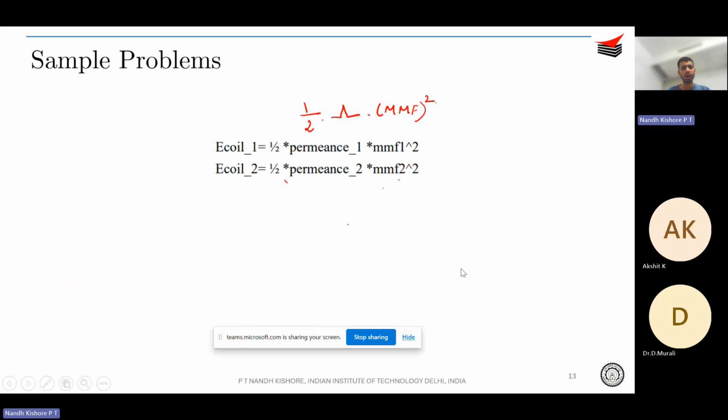So you know what is your permeance 1, you know what is your permeance 2, MMF1 and MMF2, and from that you calculate what is your ratio. And it turns out to be around 5.04.